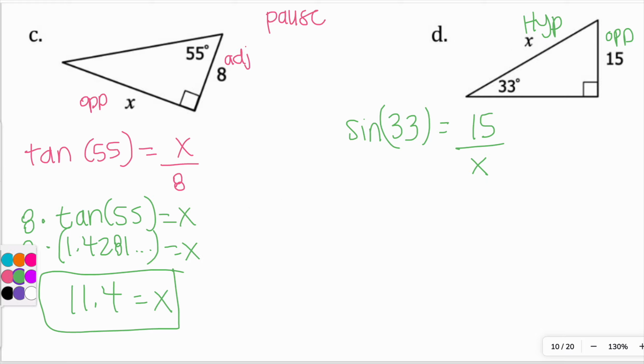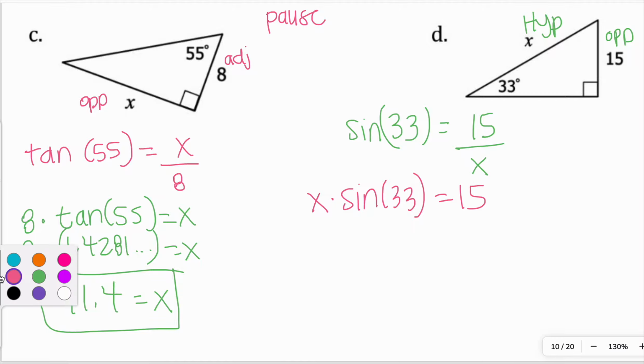When you're solving here, you're going to end up multiplying x times the sine of 33 equal to 15. But in order to solve for x, you have to take it one more step and divide both sides by sine of 33.